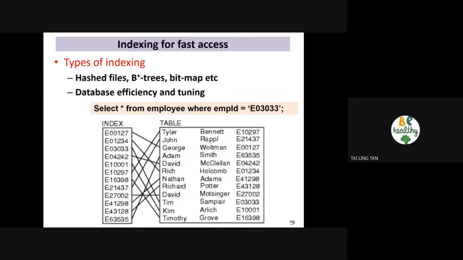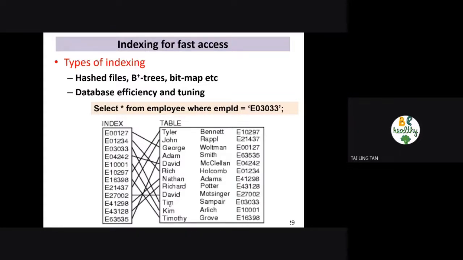So if you want to find some number, let's say E03033, the computer system will easily find this E03033. The speed will be fast, like milliseconds, perhaps 0.2. So it will be much faster.